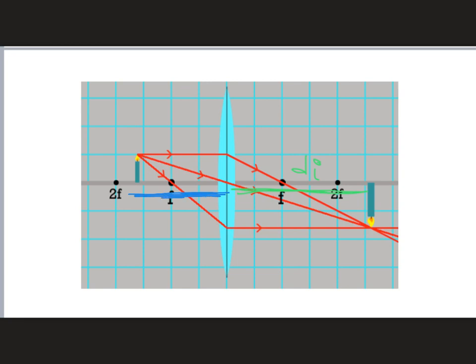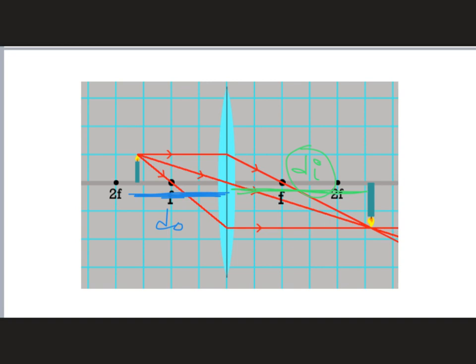This would be the image distance, the green one, and we can use that same equation that we used previously to calculate both the distance and the magnification.